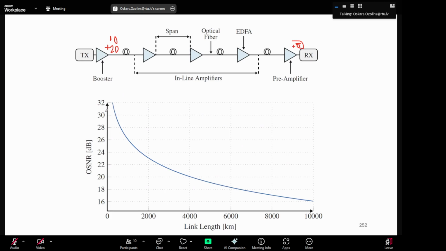Which means that at the start maybe you can transmit 64 QAM, but here you can only transmit maybe QPSK. So your available signal to noise ratio is really setting how much capacity you can get if you don't change the symbol rate.